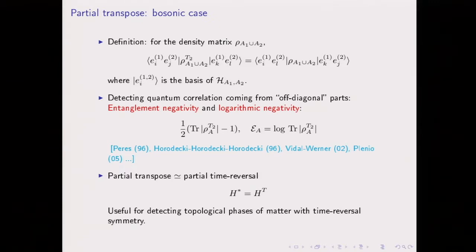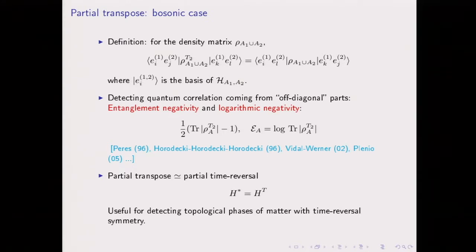Another aspect, which may be more relevant to the discussion of topological phases: you should think of this operation, partial transpose, as some sort of partial time reversal. In quantum mechanics, time reversal is anti-unitary, so you have to take a complex conjugation.